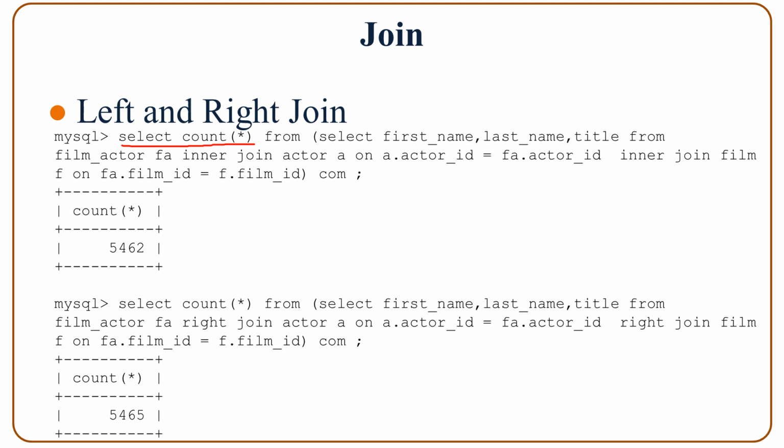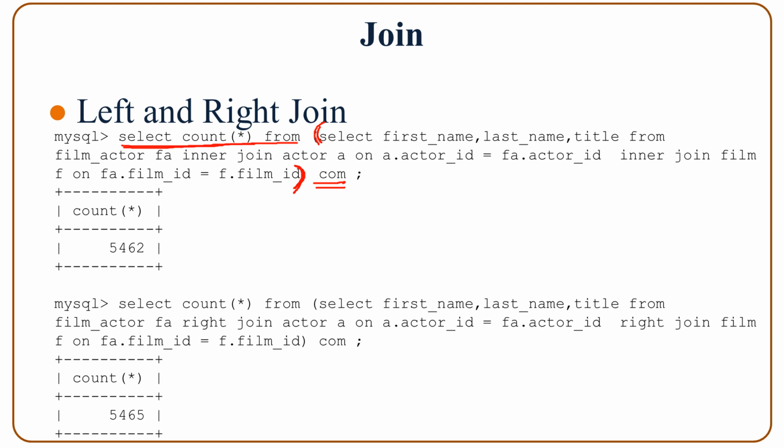This is the inner join statement that we saw previously, and I give it an alias com. So select count star from that select statement, and the count gives me 5462 records.